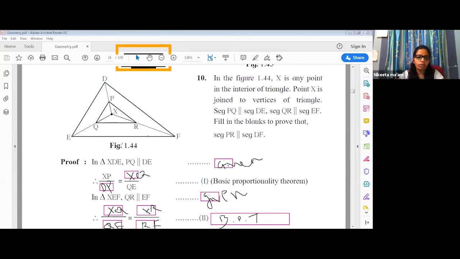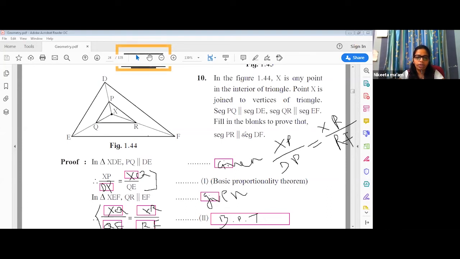So from 1 and 2, you can see this XQ upon QE is common in both the first and the second. So from 1 and 2, I can say that XP upon DP is equal to XR upon RF.